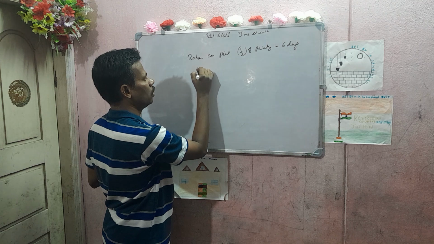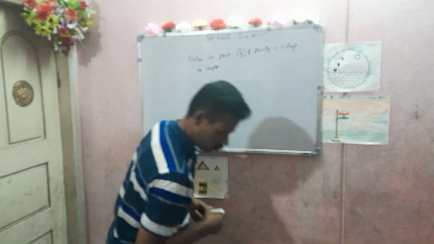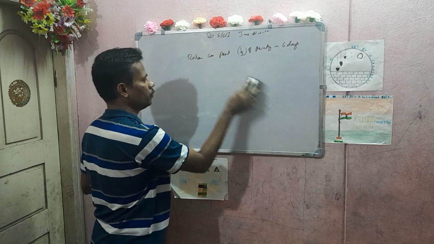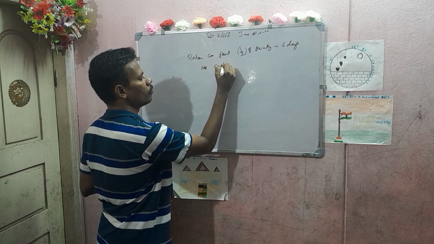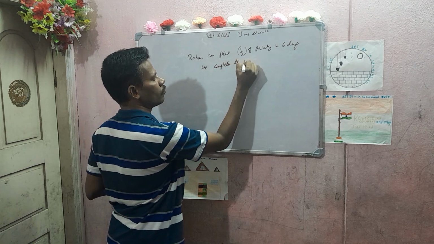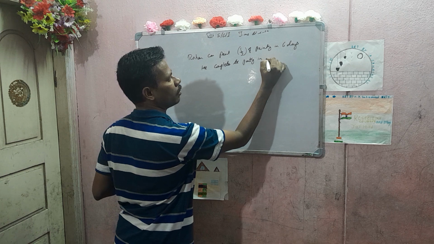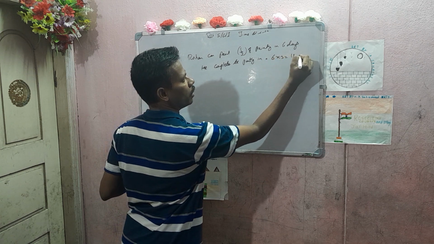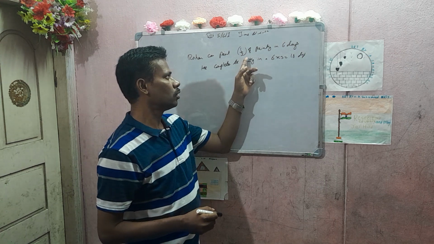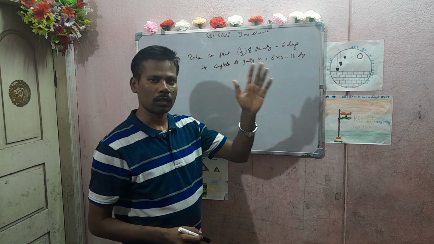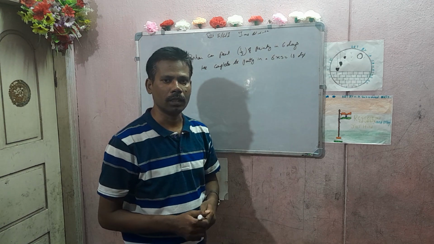So therefore he completes the painting in 6 into 3, 18 days. Because 1/3, 1/3, 1/3 like that, if you add, you will get 18 days. 18 days it will take.